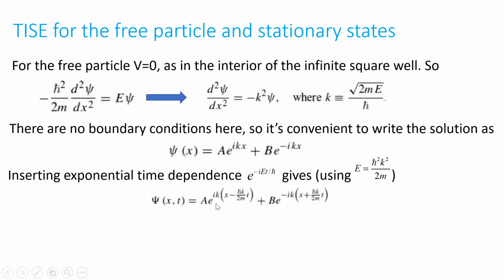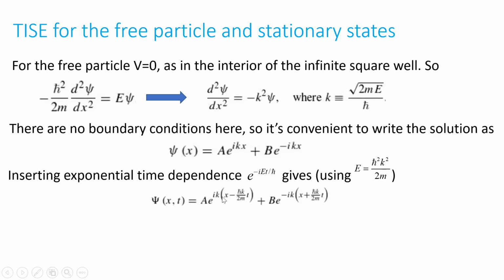And so we put e to the ikx times e to the minus iEt over h bar, plugging in h bar squared k squared over 2m for E. So dividing that E by h bar, we get h bar k squared over 2m, which is what we have here.